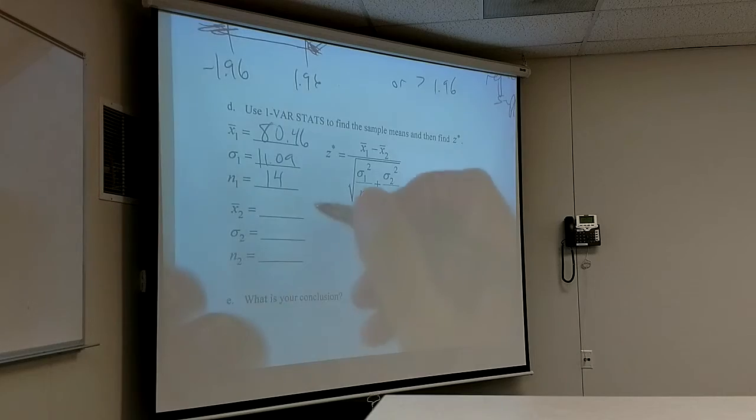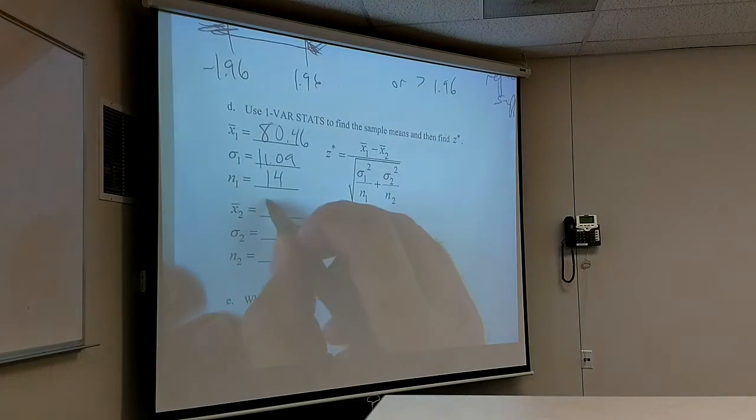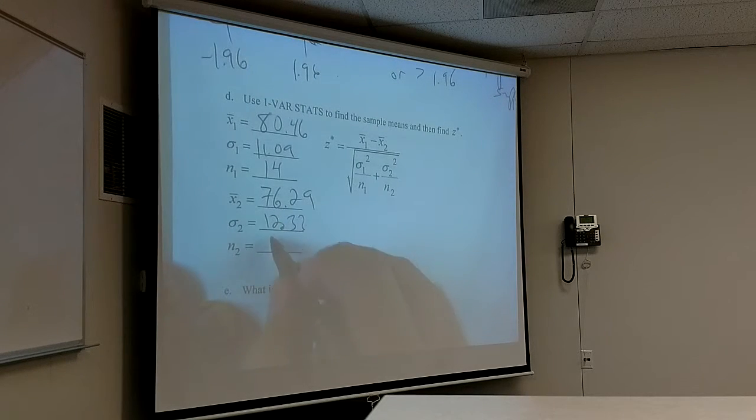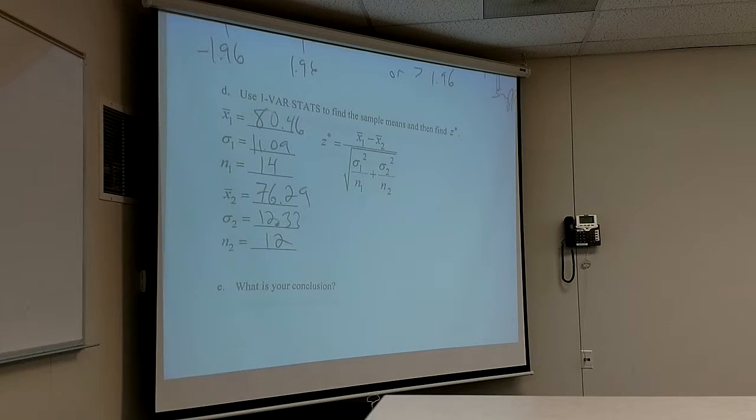All right, what about for the men? How'd they do? 76.29, and their spread was 12.33, and there were how many of them? 12. And we were completely cool with there being not equal sample sizes.